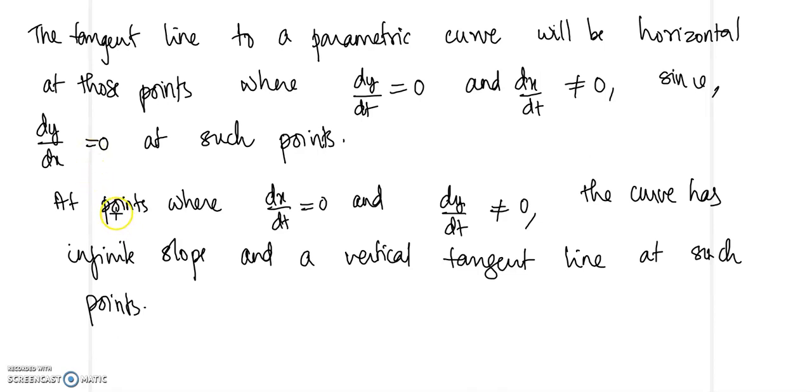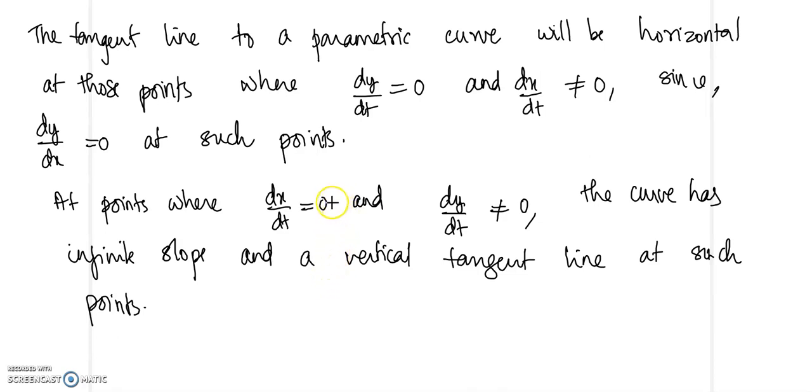Now at those points where the denominator is 0 and the numerator is non-zero, that is, dx by dt equal to 0 and dy by dt not equal to 0, when you find dy by dx, you will get an infinite value for the slope.